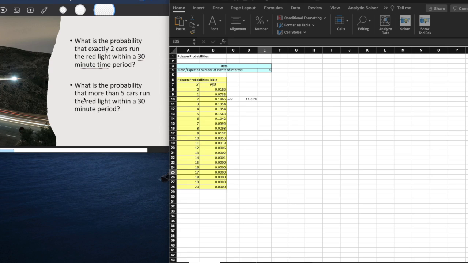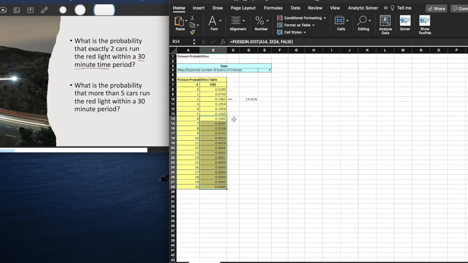Now for the second part of this question, it's asking for the probability that more than 5 cars run the red light. So that means 6 cars, 7 cars, 8, all the way up until however many cars. It's really infinity, but when we get to 16, 17, 18, and those numbers, it's just 0 probability anyway.